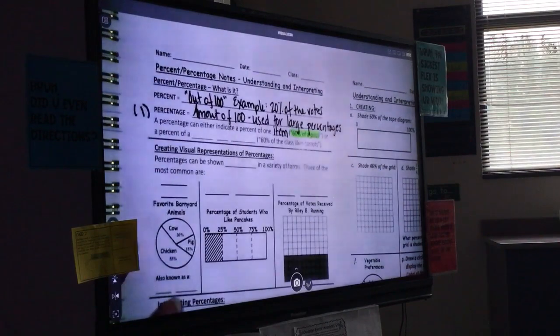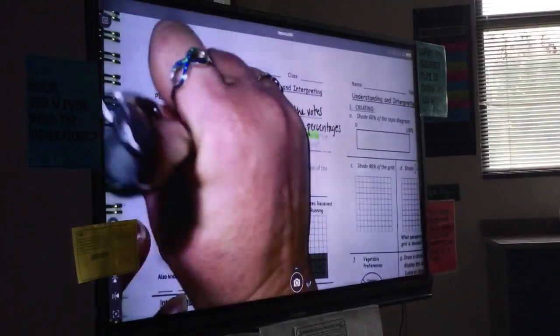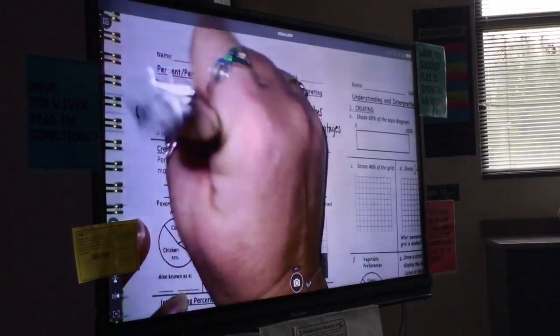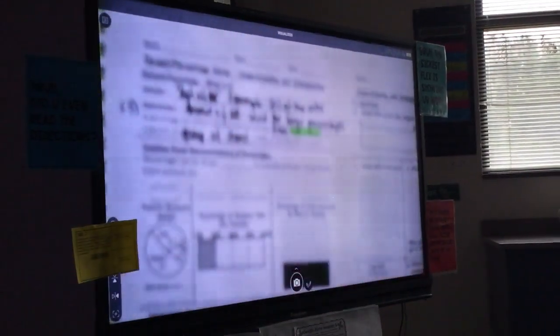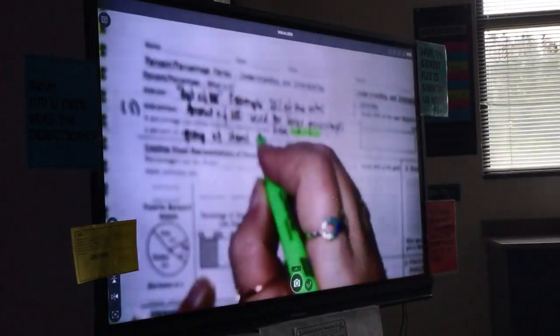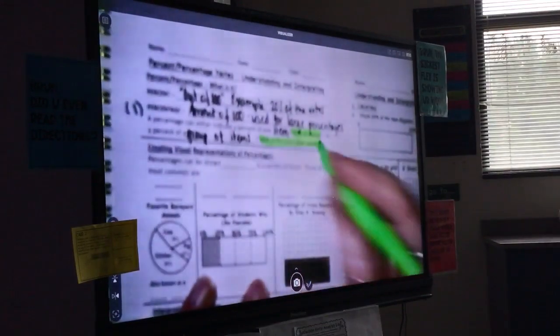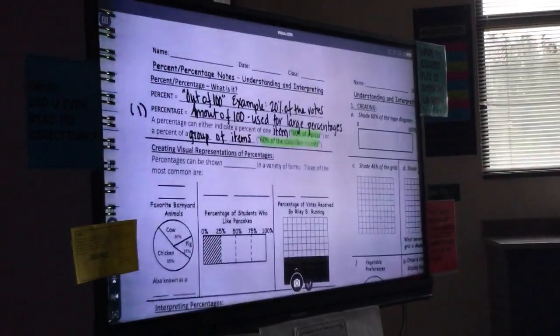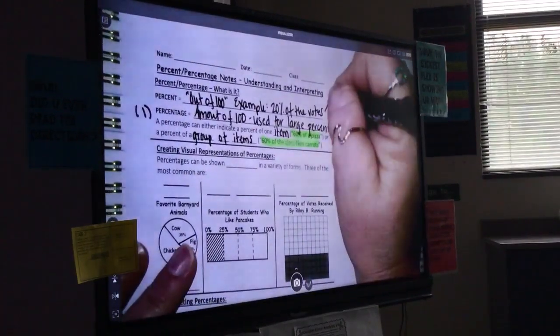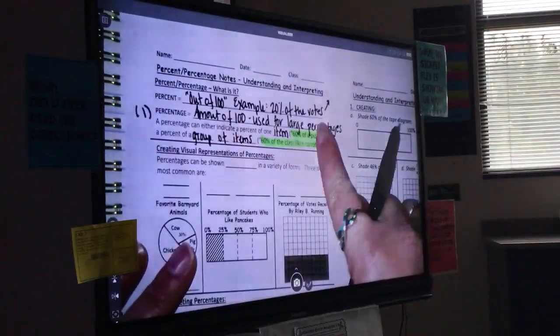And then a percent is a group of items. And that is 60% of the class likes carrots. And I don't think that's a true statement, but we'll roll with it anyways. So over here, after the definition of percent, I want you to write group.